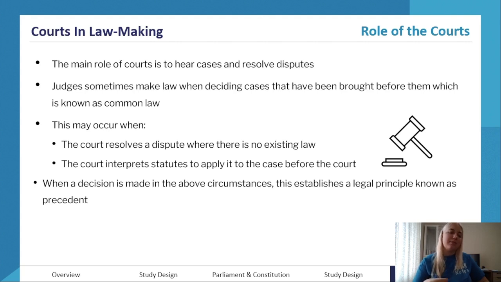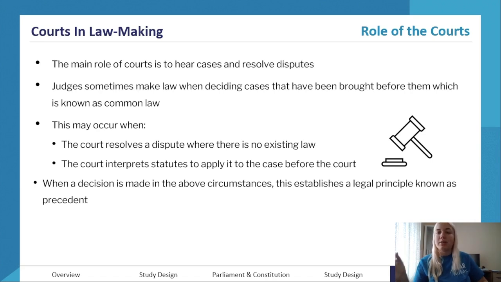So precedent sets clear law that judges in future cases with similar circumstances will have to follow. Meaning, if a similar dispute comes up, any lower court within that same court hierarchy, so for example, the Victorian court hierarchy, they have to abide by the precedent that's already been established.